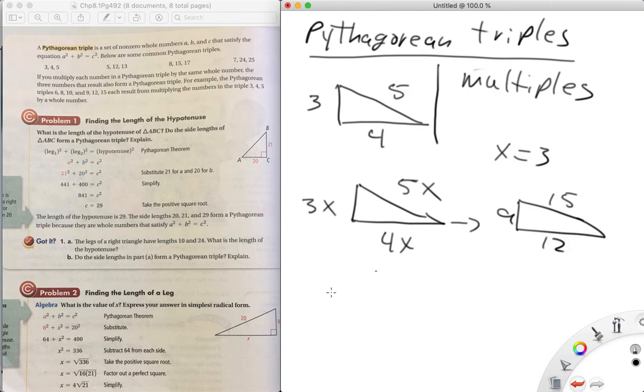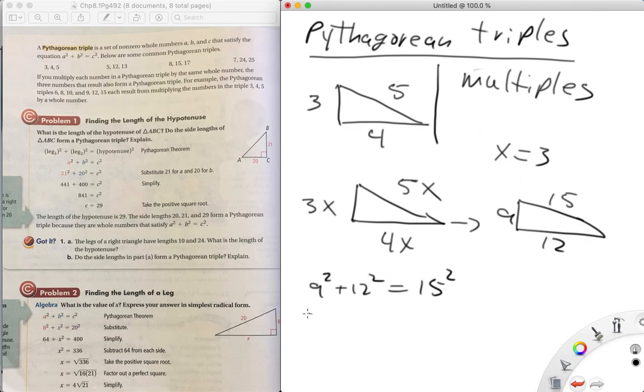And this works. So if I was to do 9 squared plus 12 squared equals 15 squared. Since 3, 4, 5 is a Pythagorean triple, any multiple of that 3, 4, 5, in this case I did a multiple of 3, also works.